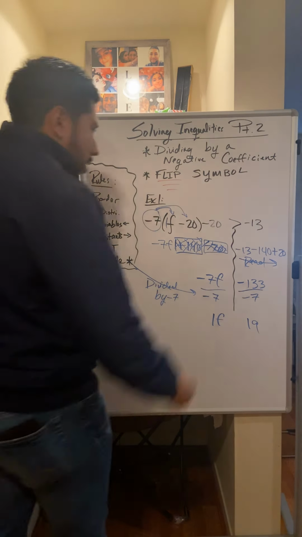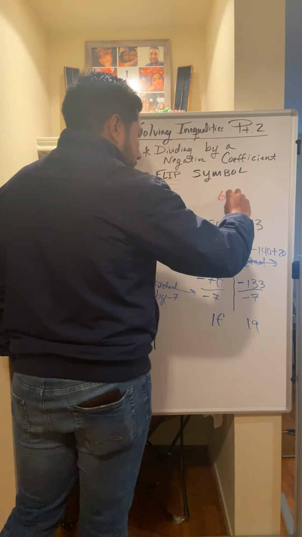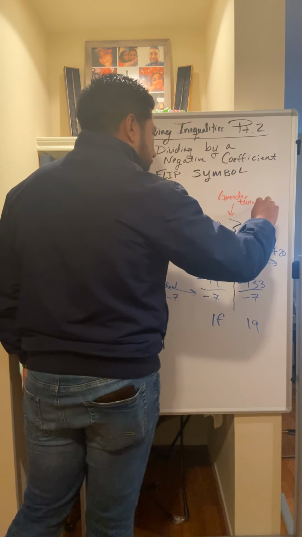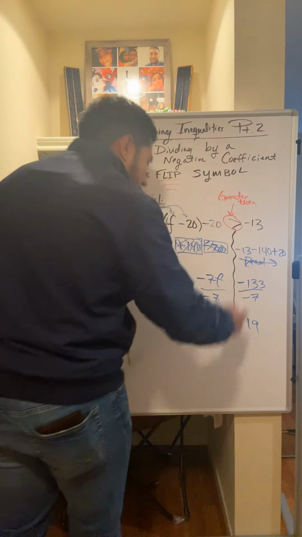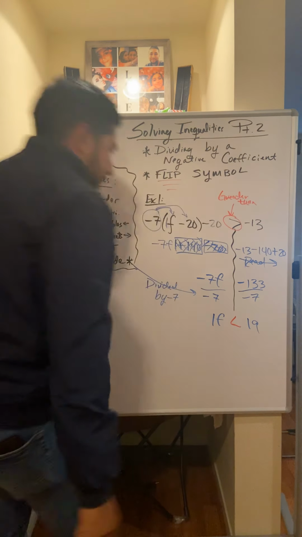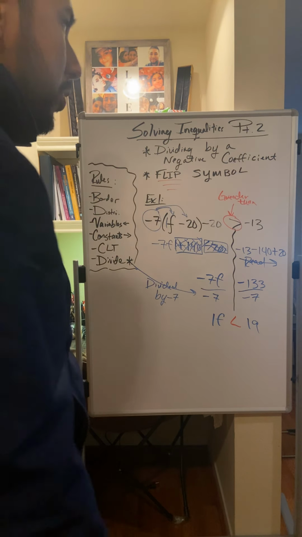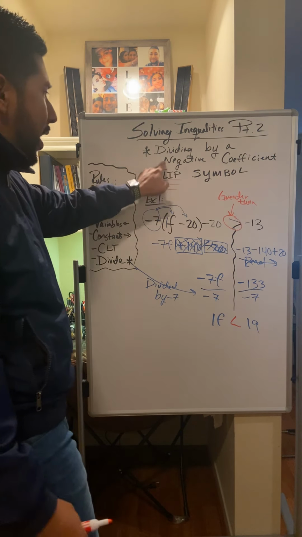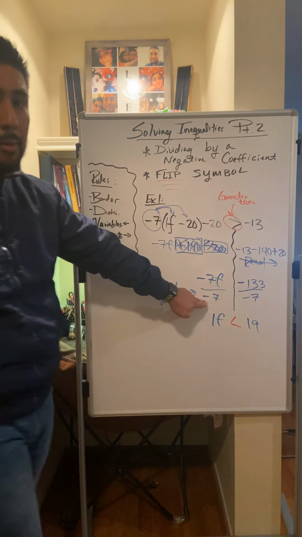Flip that symbol. This was a greater than symbol. Greater than. And now becomes less than. I'm making the statement true. If I don't do that, it makes it incorrect. And this only applies when we're dividing by a negative number, okay?